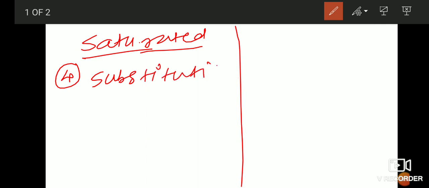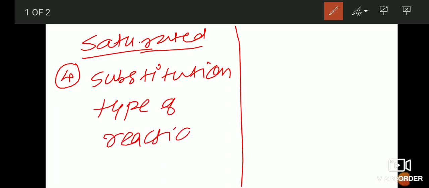We are going to discuss the substitution type of reaction in the next chapter on alkanes, how alkanes show substitution reactions. Just to tell you, substitution means replacement, the replacement of one hydrogen with another group. In this way, saturated compounds show substitution reactions.